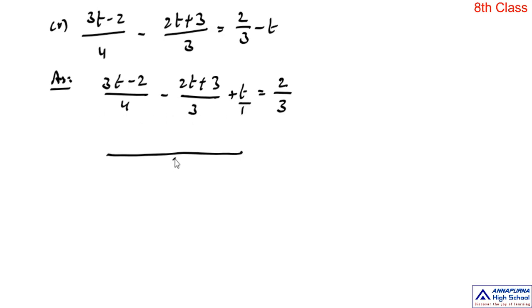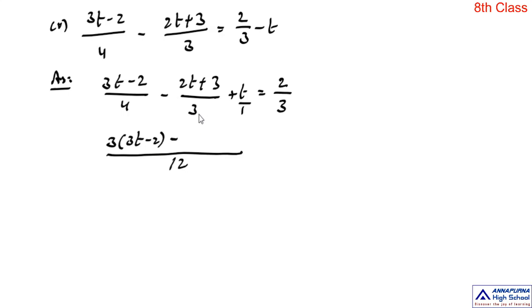So 4, 3, 1, the LCM is 12, and the first denominator is 4. So which number do you multiply with 4 to get 12? 3. With the 3 you multiply the complete numerator. Complete numerator means 3 into 3t minus 2. And the minus is there, put that minus as it is.